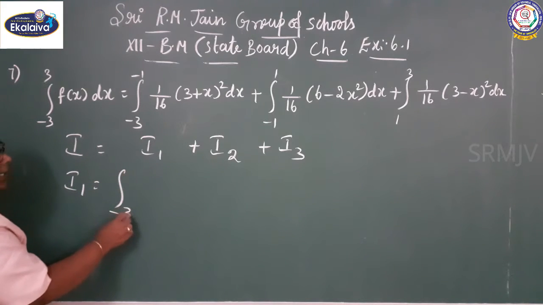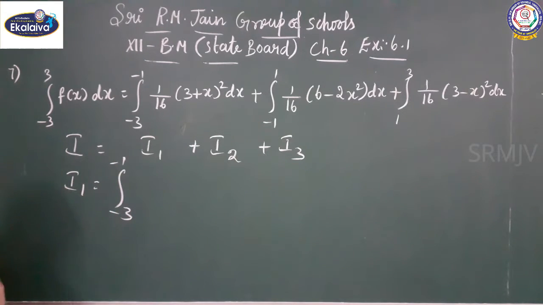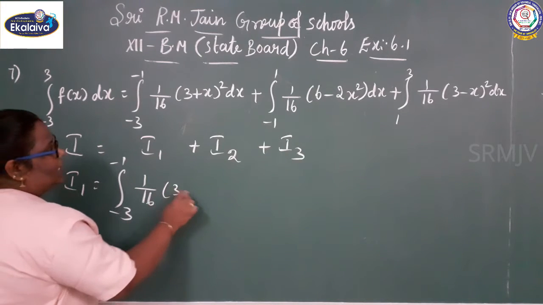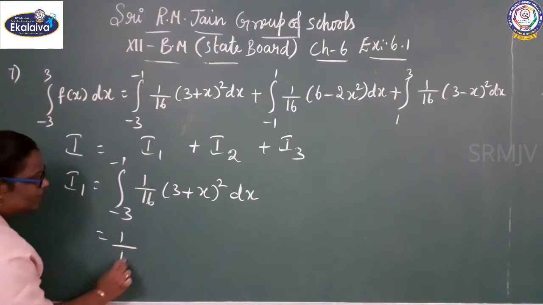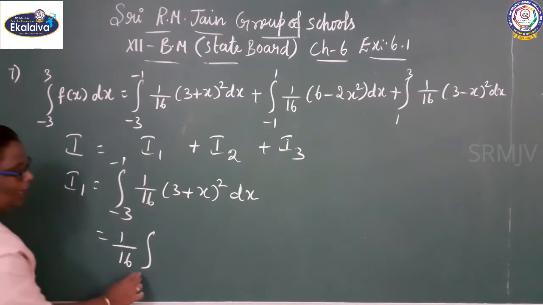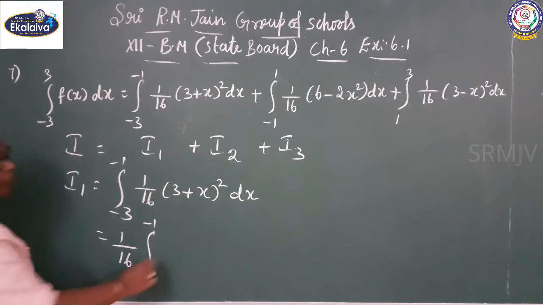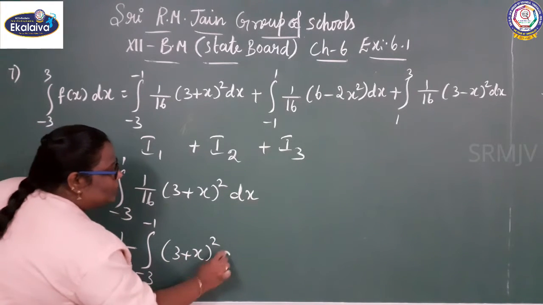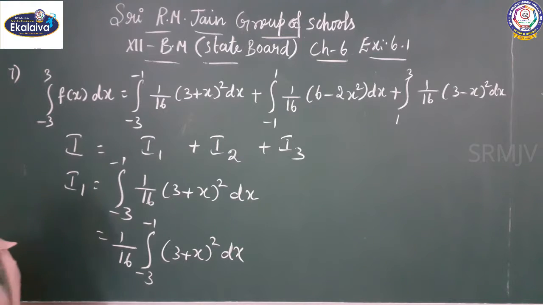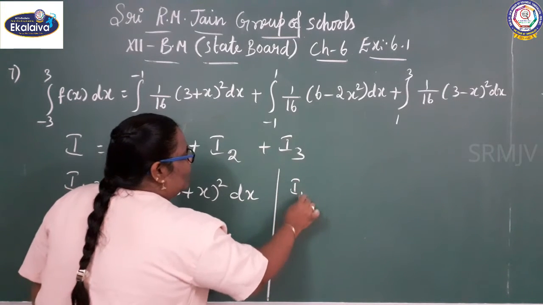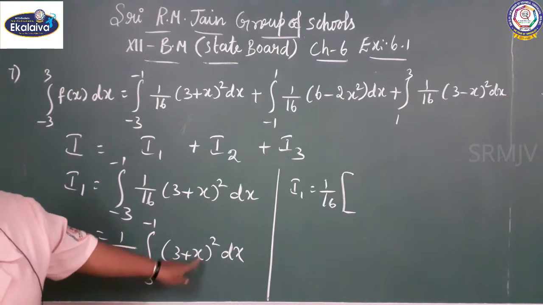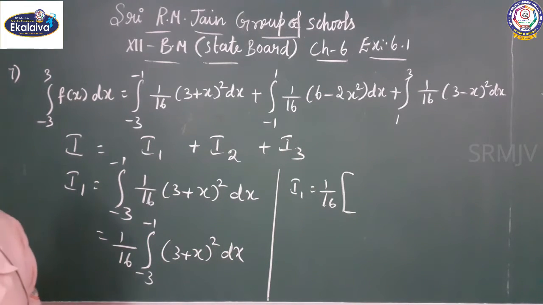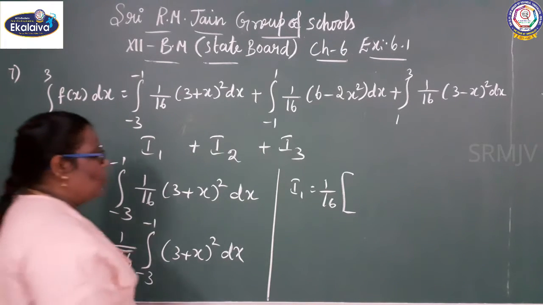I1 equal to integral minus 3 to minus 1, 1 by 16, 3 plus x the whole square into dx. 1 by 16 constant you can take it out. So it gives I1 equal to 1 by 16 into, you can use the formula integral x power n is x power n plus 1 by n plus 1.